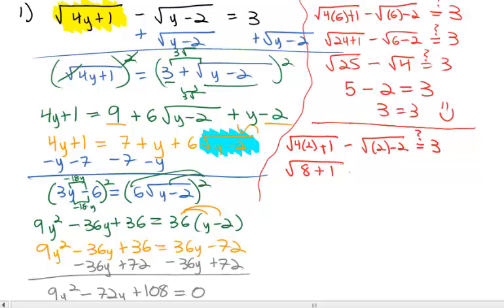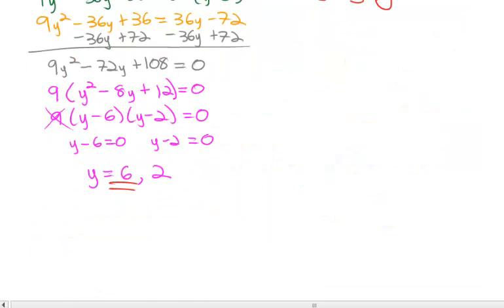Well, 4 times 2 is 8 plus 1, minus the square root of 2 minus 2, which is 0. 8 plus 1 is 9. The square root of 0 is 0. That's really boring. And you can see the square root of 9 is 3. It does, in fact, equal 3. That's a true statement. The answer of 2 also works. And so for this problem, we had 2 solutions.